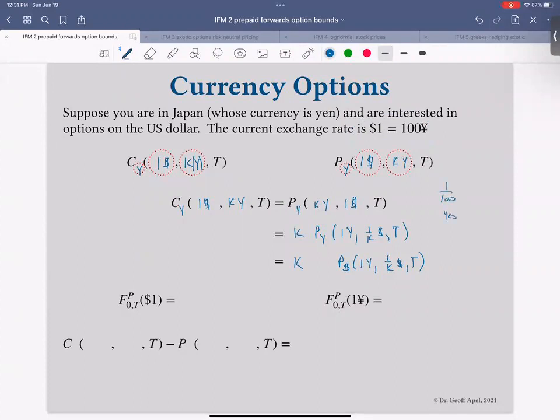That'll be yes, and 100 over 1 would be no. Which one are we going to multiply this by? Because we need to handle the fact that we just changed from yen to dollars. We're going to have to convert it somehow using the current conversion rate.